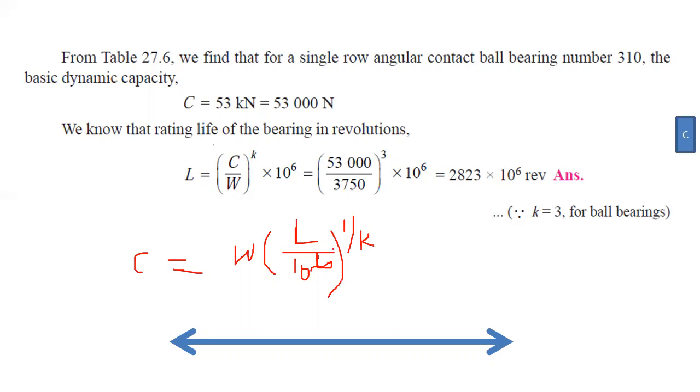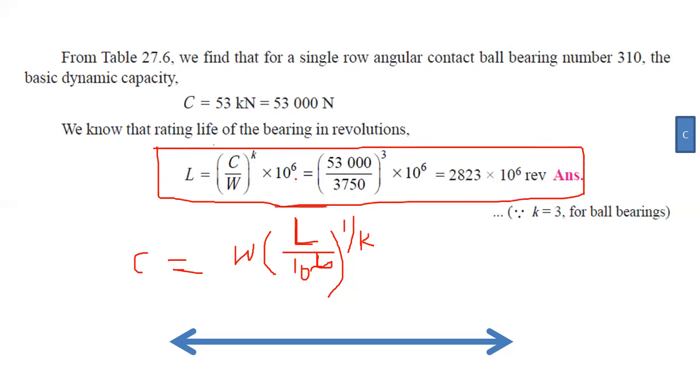So L equal to C by W whole power K into 10 power 6. This is the formula for L, life of bearing, and substitute all values in this formula.